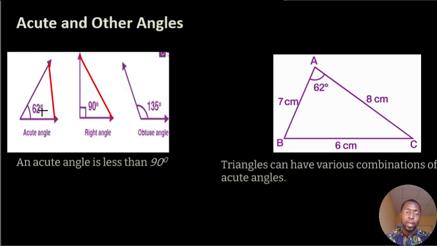But automatically this is an acute angle triangle. This as well I can decide to add a line to make it a triangle. This is an obtuse angle triangle. So the angle in it gives us the name of that triangle. And this is a typical example of another acute angle triangle because of the angle 62 degrees.